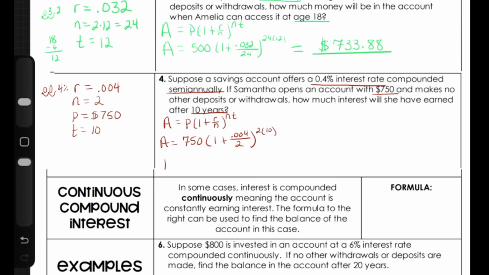Now our A is going to equal, let me go ahead and put this into my calculator and we'll see what we get.